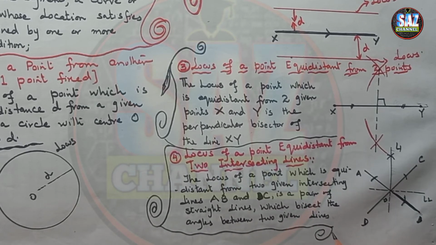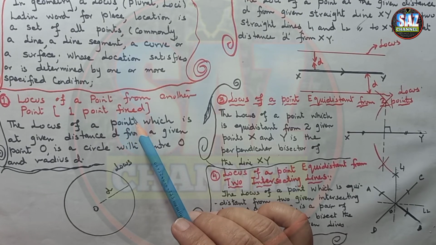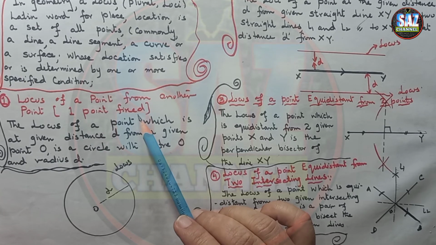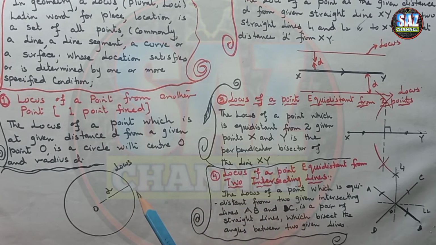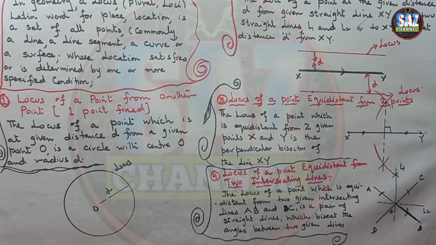I hope my students are clear how many types of loci there are. There are basically four basic types. You can memorize them like this: one point fixed, that will be the circle; one line fixed, that will be the set of parallel lines; two fixed points, we have to construct the perpendicular bisector; and two intersecting lines, you have to construct the angle bisector.